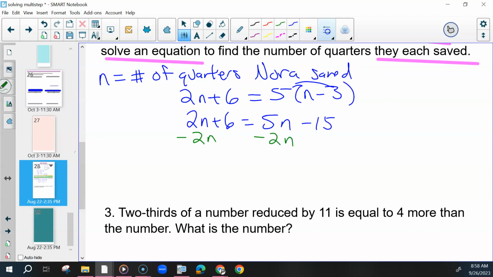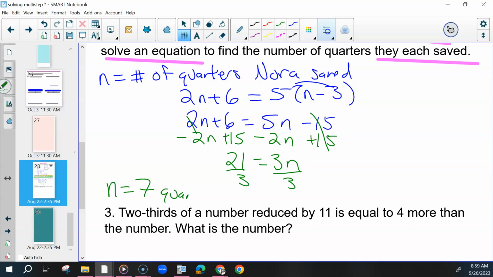We can move 15 to the left by adding. And divide, so the number of quarters Nora saved is 7. And remember to be specific here, 7 quarters.